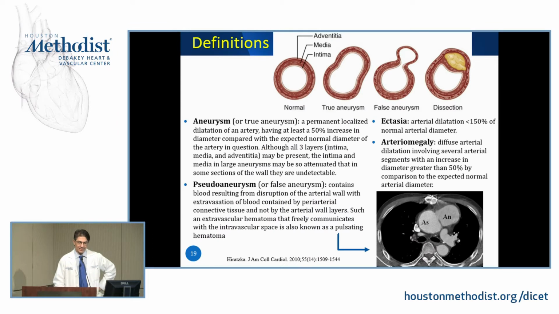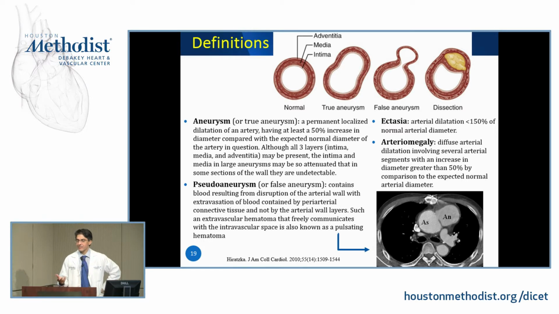I bring this up because it's kind of important when talking about these pathologies. What's normal? What's an aneurysm? What's a false aneurysm? What's a dissection? A true aneurysm is when all three layers dilate out. And generally we define an aneurysm when there is a 50% increase in the diameter. A lot of times we use the word aneurysm when the measurement may be 4.1.